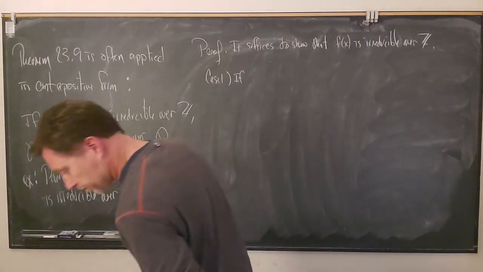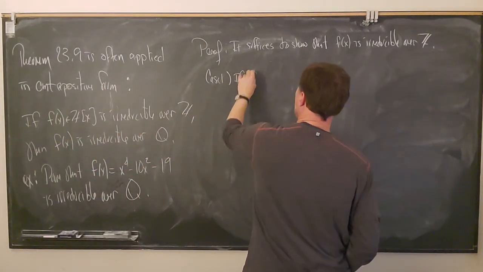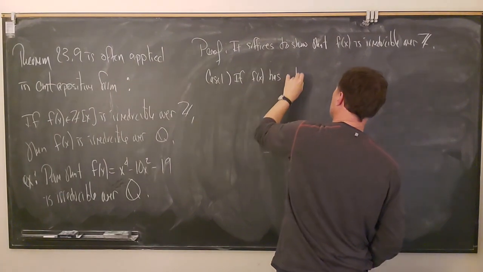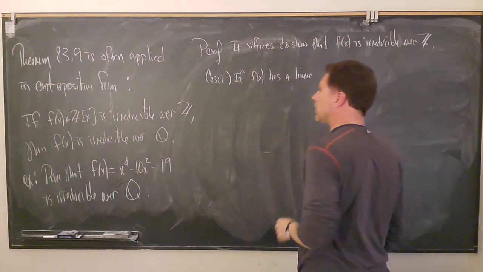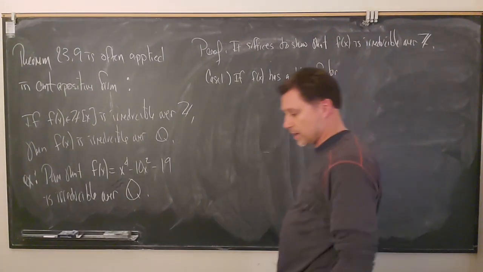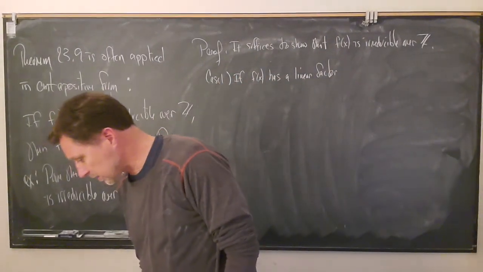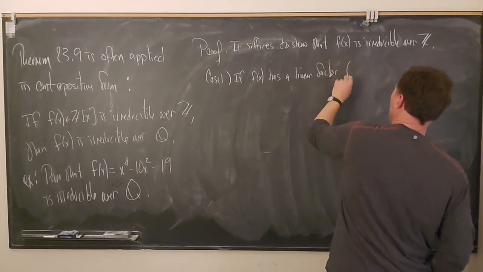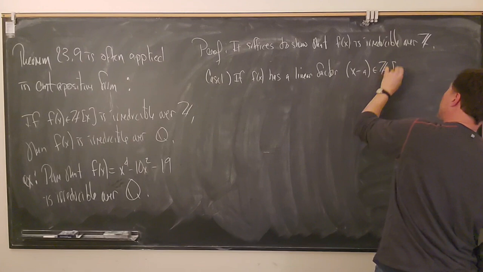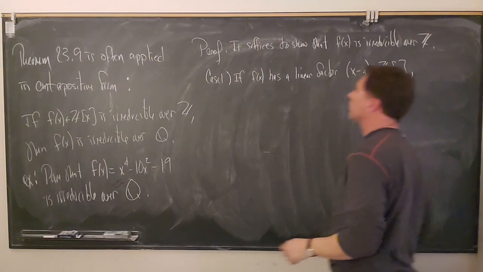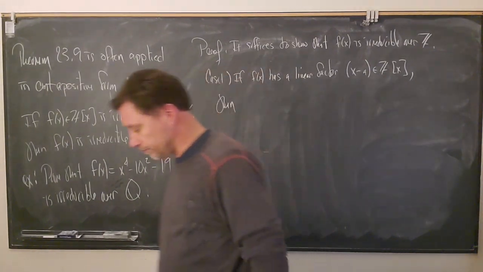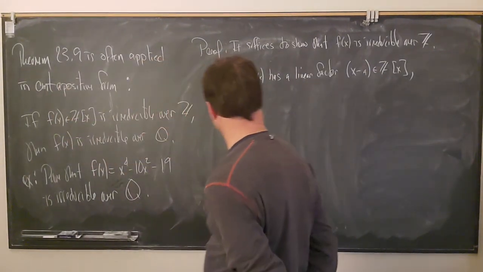If f of x has a linear factor, say x minus a in Z[x], then what would we have to know?